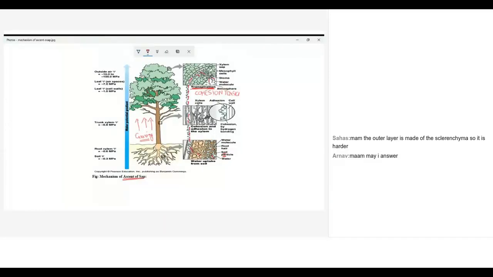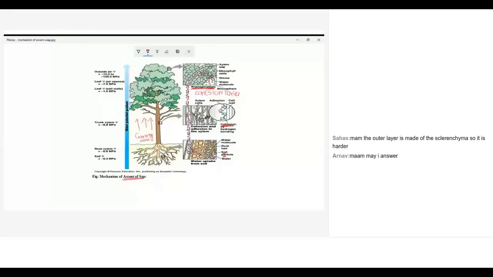That gradient will help to work against gravity so that the water molecules which are absorbed by the root hairs will bind with each other, which we call cohesion. So here the word cohesion means binding or clubbing of all the water molecules through the plant, and it will move towards the other parts of the plant.